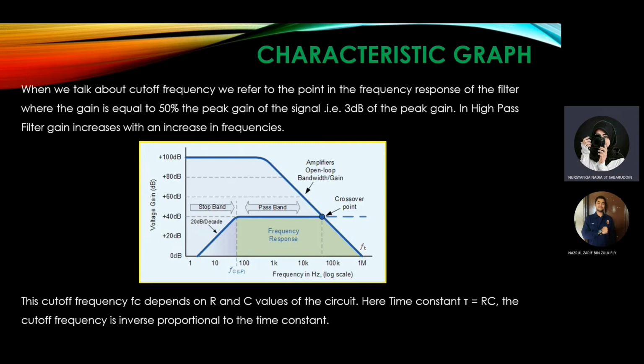In a high pass filter, gain increases with an increase in frequency. This cut-off frequency depends on the R or C values of the circuit. Here the time constant T equal to RC. The cut-off frequency is inversely proportional to the time constant.